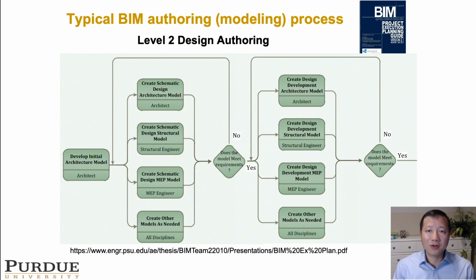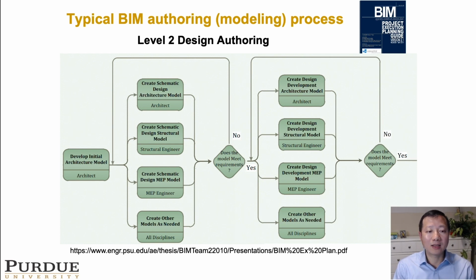So this is a figure that illustrates the level 2 design authoring process. A link to the document is provided at the lower bottom of this slide. As we mentioned before, we start by developing an initial architectural model, and this job duty is often the architects'.